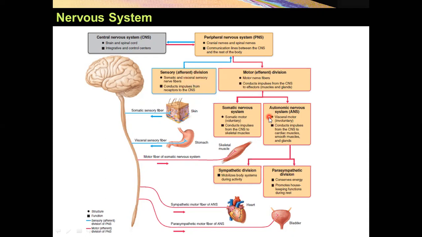The peripheral nervous system is divided into three separate subsystems: the somatic, autonomic, and enteric nervous systems. The enteric is not shown on this picture. Somatic nerves mediate voluntary movement. The autonomic nervous system is further subdivided into the sympathetic and parasympathetic nervous systems.